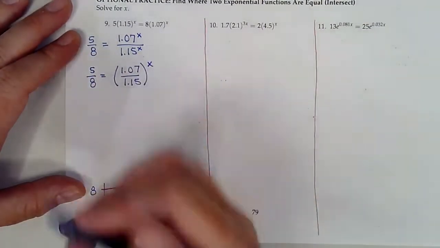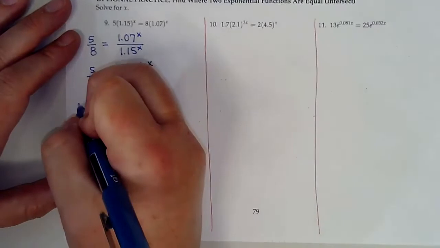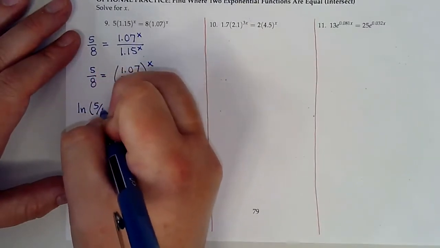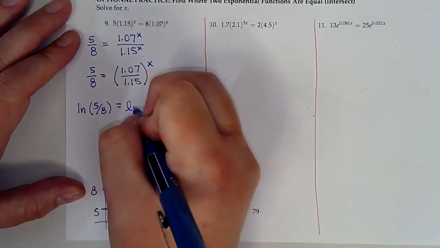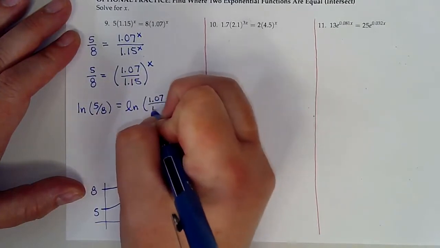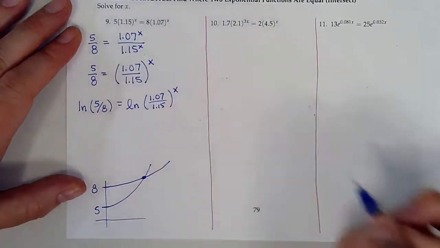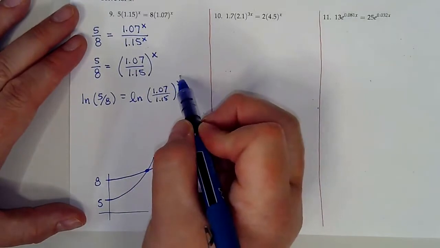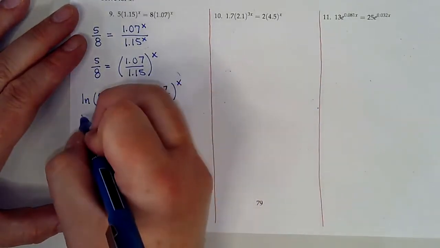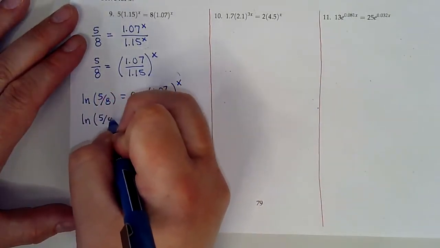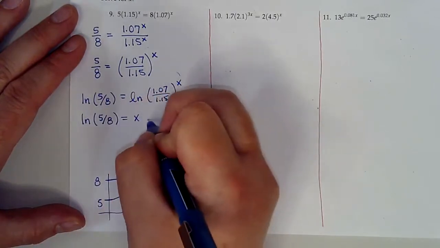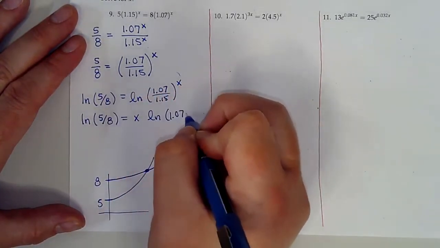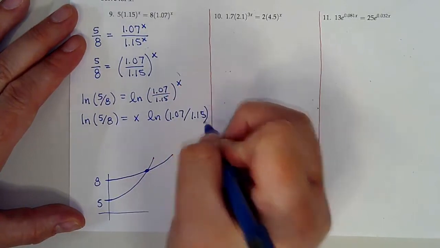You can use any log you want. I'll use natural log. So I have ln of 5/8 is equal to ln of 1.07 over 1.15 to the x. And then that law of logs allows me to bring the x down in front. So I have ln of 5/8 equals x times ln of 1.07 divided by 1.15.